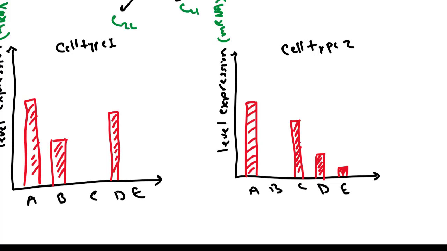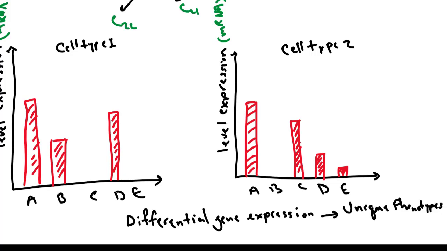Meaning that in cell type 1, E is silenced, whereas in cell type 2, it is being expressed, but not that much. And this differential gene expression leads to unique phenotypes, right? The phenotypic differences we see between different cell types. And that's the process of differentiation. Now, if I were to take a cell, let's have another example.